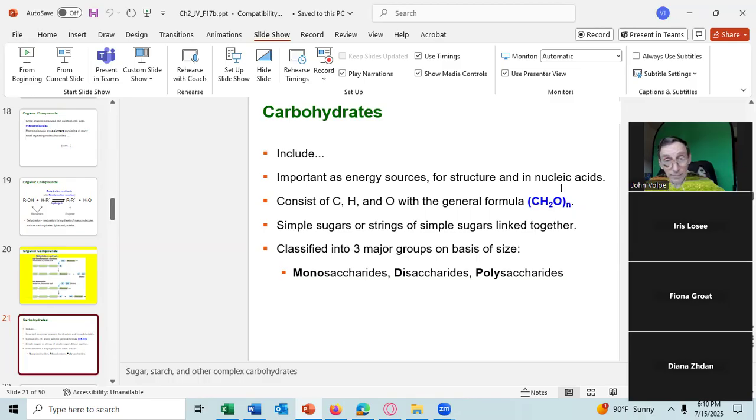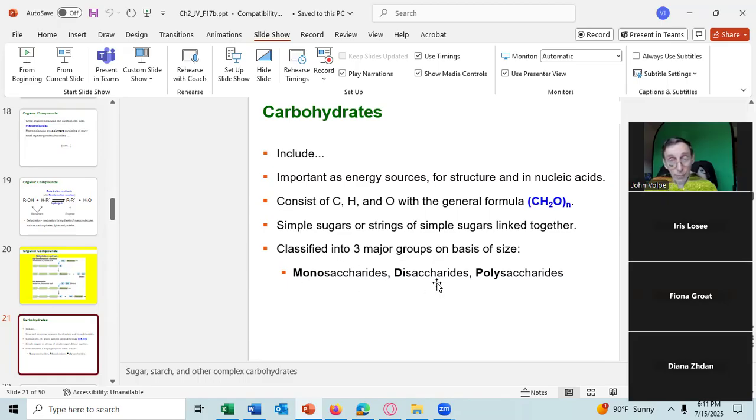Simple sugars are the smallest carbohydrates, the monomers, and you can just make strings of these simple sugars linked together to make the larger carbohydrates, such as the polymers. You can classify carbohydrates into 3 groups depending on their size. The simplest sugars are the monosaccharides, the monomers.